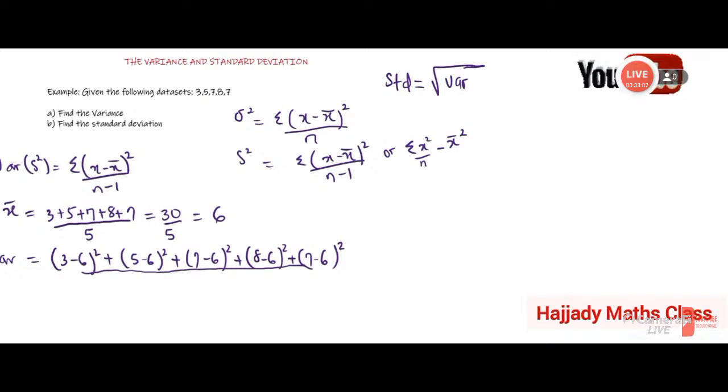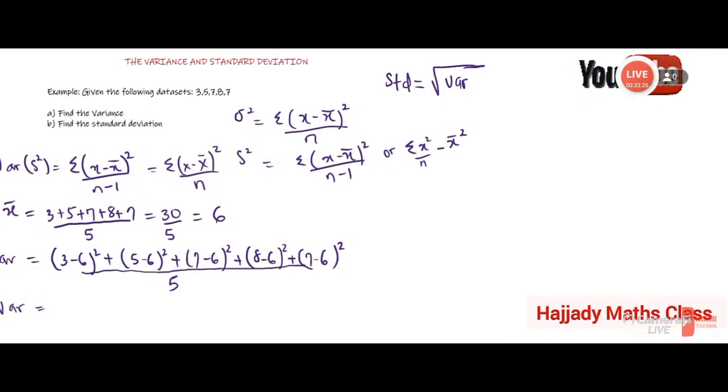So let's use the population variance. I'm going back to this. Instead of using n minus 1, I'm going to use n in this case, because here we assume that we are working with the population, not the sample, because the question does not indicate whether it is a sample. So we regard our information given as the population.